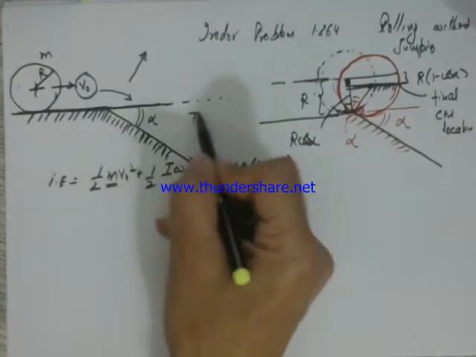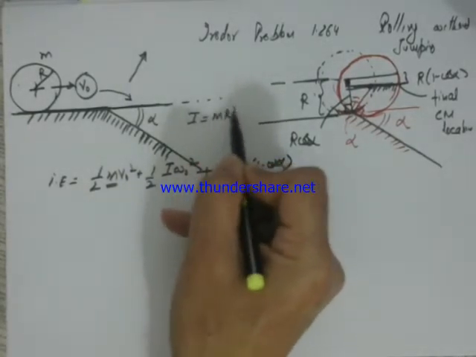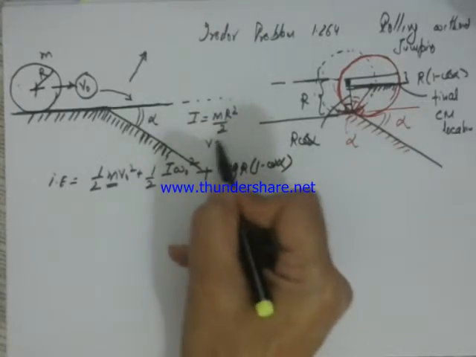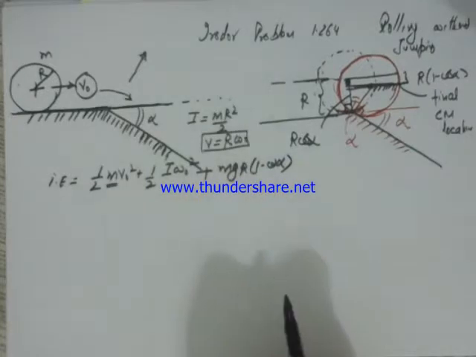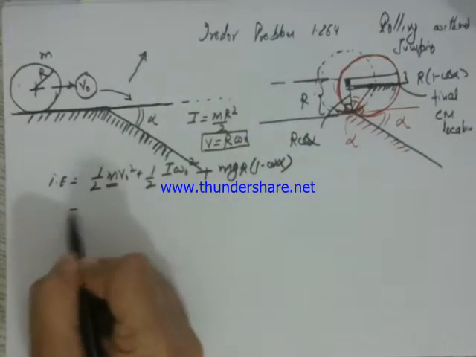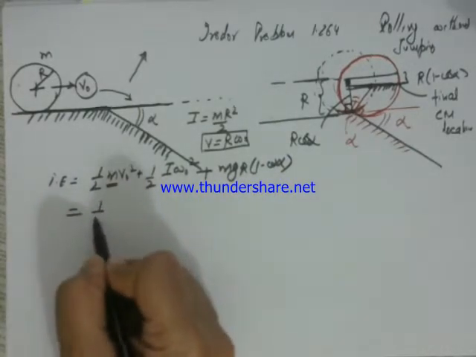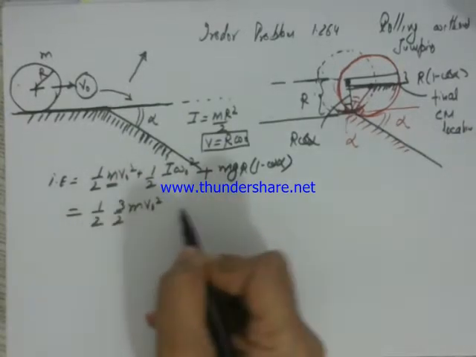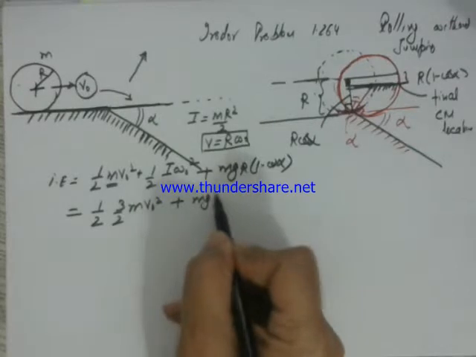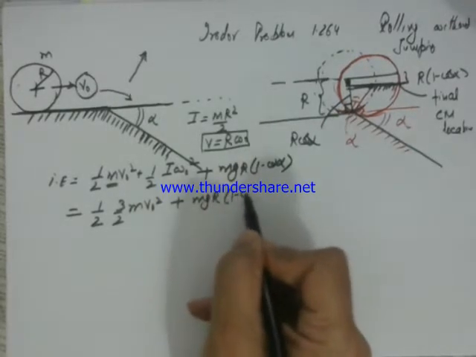Now since I of the cylinder is m r square upon 2 and v is r omega0, it is a case of pure rolling, so you will get initial energy as 1 upon 2 times 3 upon 2 m v0 square plus mgr(1 minus cos alpha).